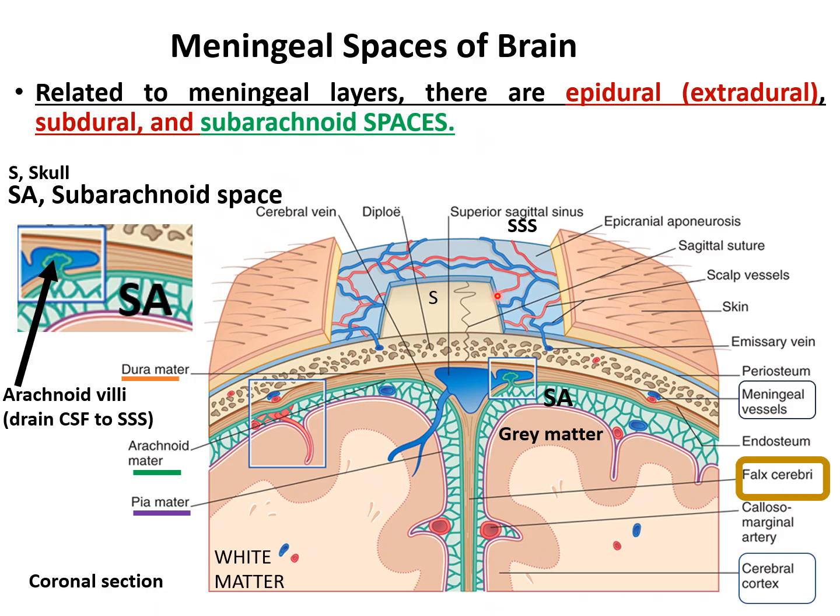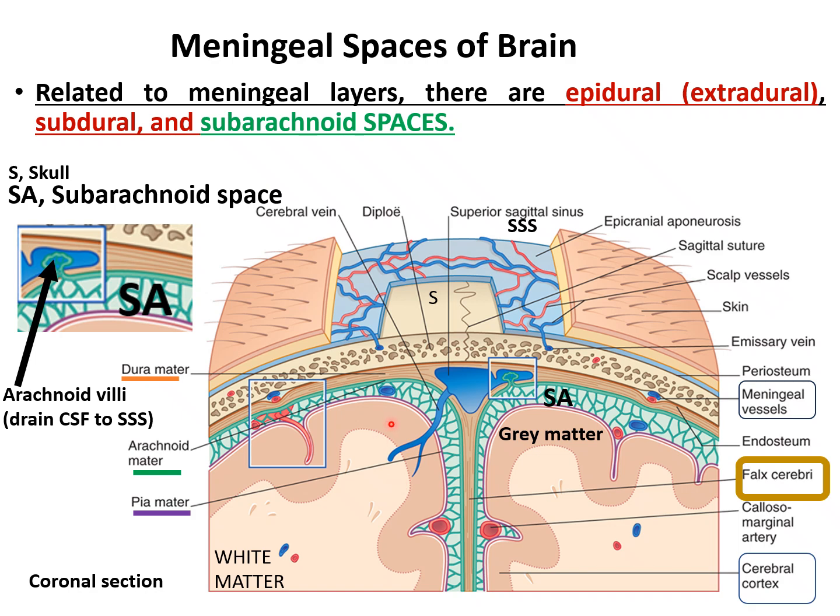There are spaces between the meninges. This coronal section shows the skull as a bone here. So here is the skull, and here is the brain, for example the frontal lobe here.